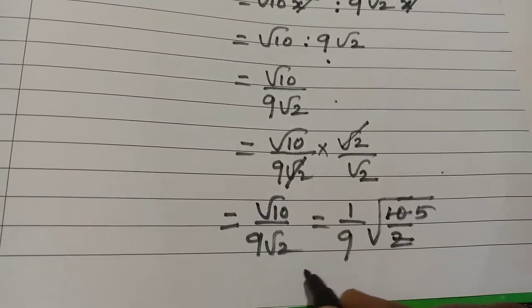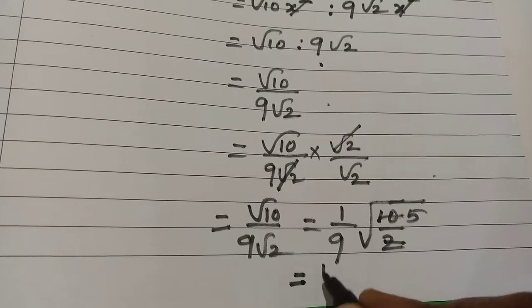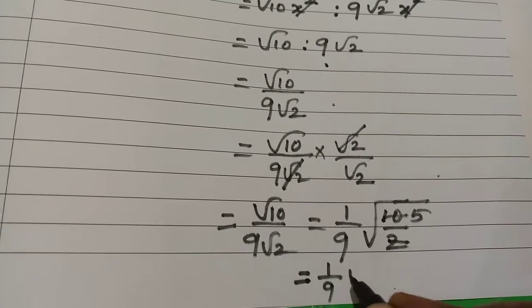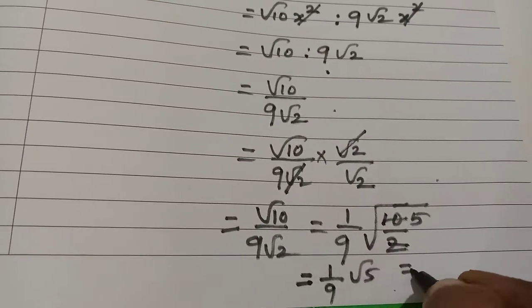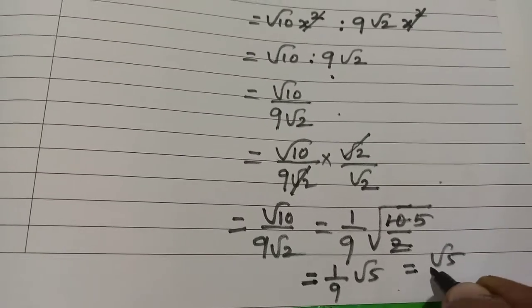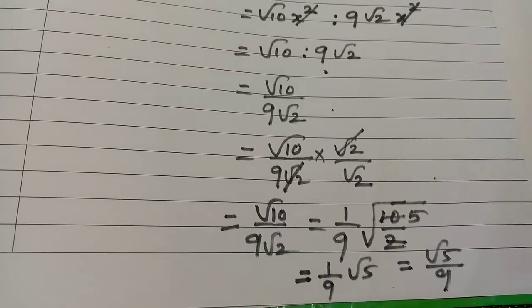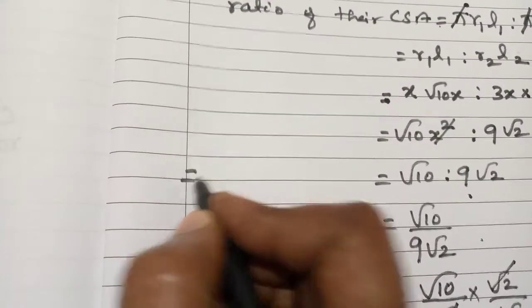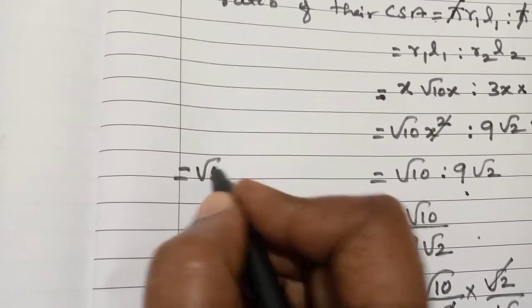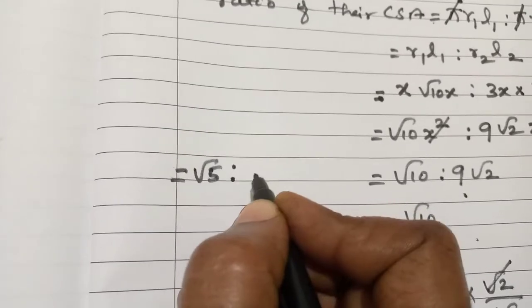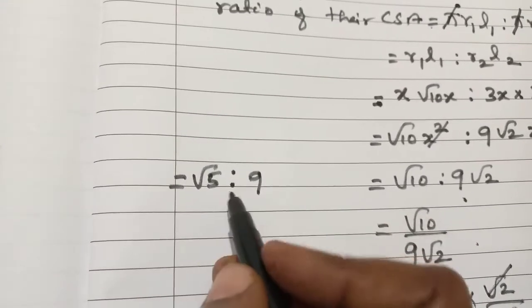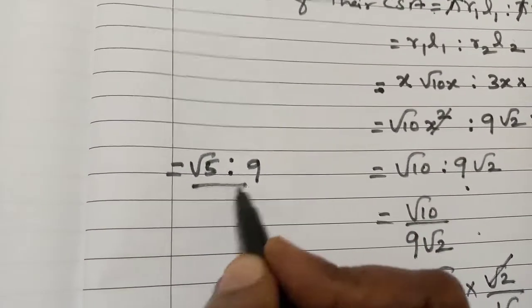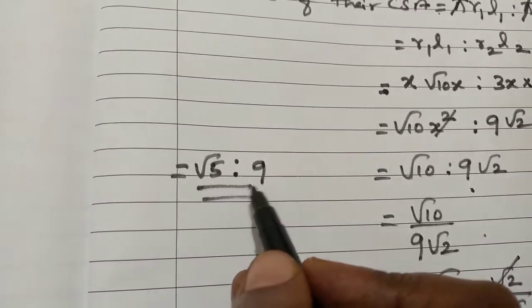So which can be written as 1 by 9 into root 5, which is equal to root 5 by 9. In ratio form, it can be written as root 5 is to 9. Okay, this is the answer. Understood students? Root 5 is to 9 is the answer.